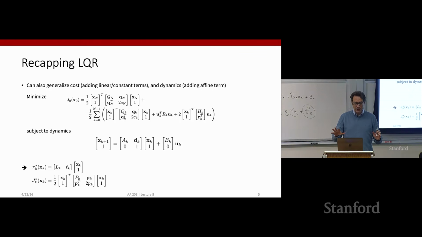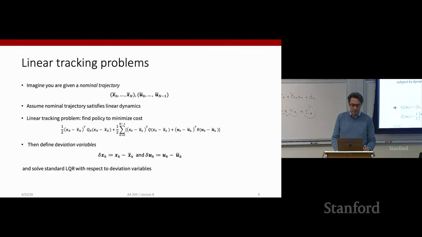So, bottom line is that LQR can be generalized somewhat to costs where you also have linear terms, constant terms, and cross-penalty terms, and to dynamics that are affine. The structure of the optimal control policy stays either the same or very similar, modulo the addition of a feed-forward term. And the structure of the optimal cost stays essentially the same, modulo the addition of some linear terms and constant terms. That's it.